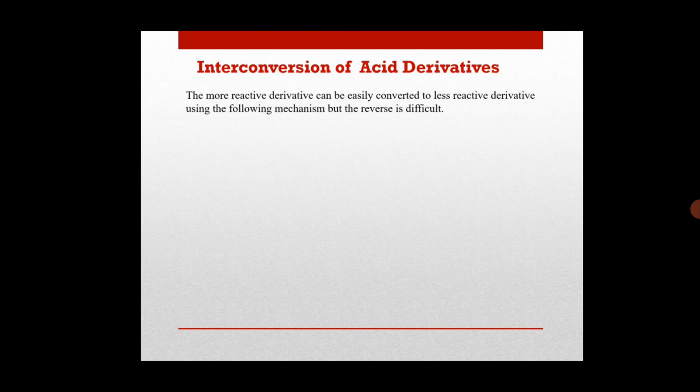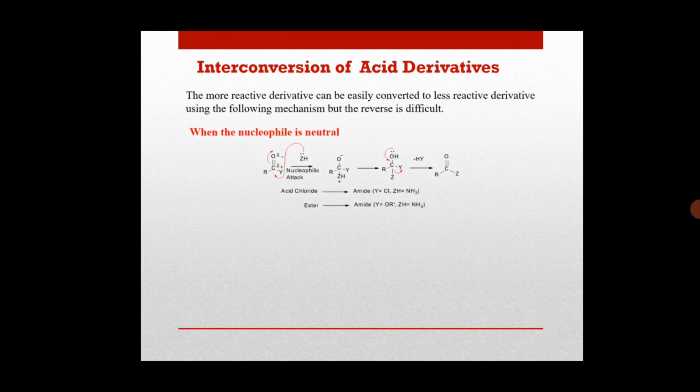Remember this, the more reactive derivative can be easily converted into less reactive derivatives, but less reactive derivatives cannot be converted into more reactive derivatives, and therefore acid chlorides can be converted into anhydride, ester and amide, but anhydride, ester and amides cannot be converted into acid chlorides. These are the mechanisms of interconversion of acid derivatives.